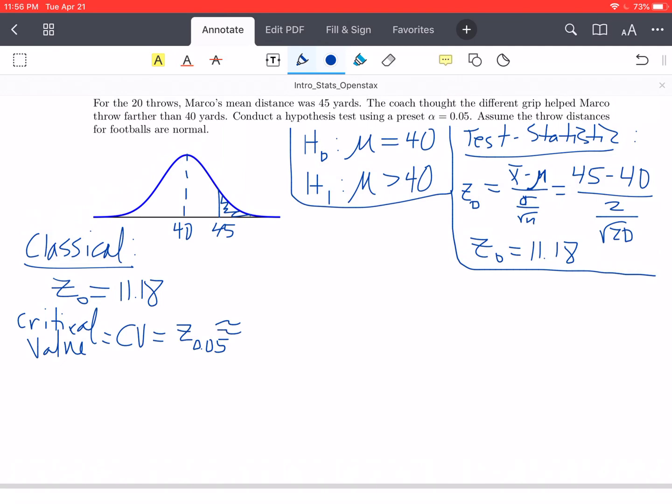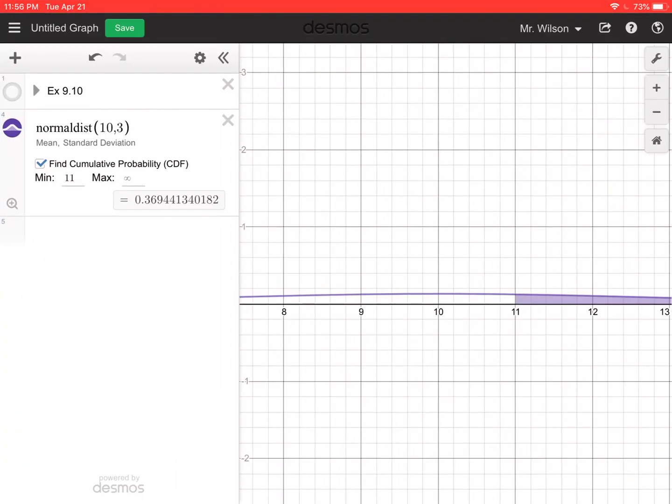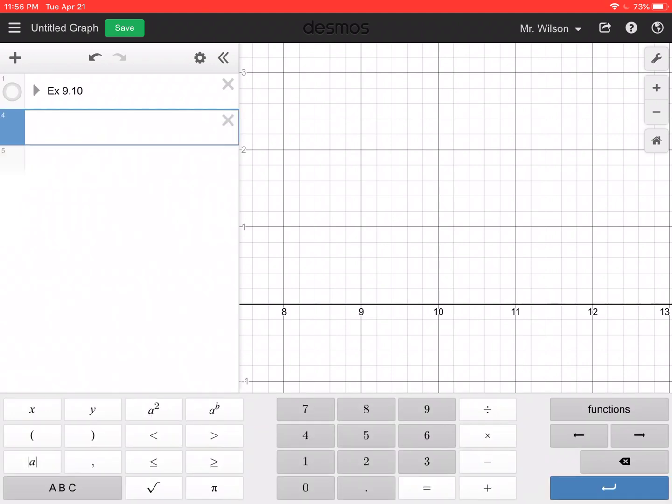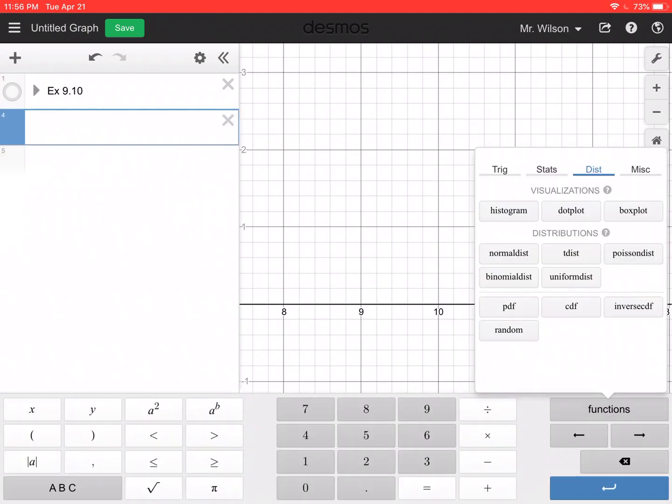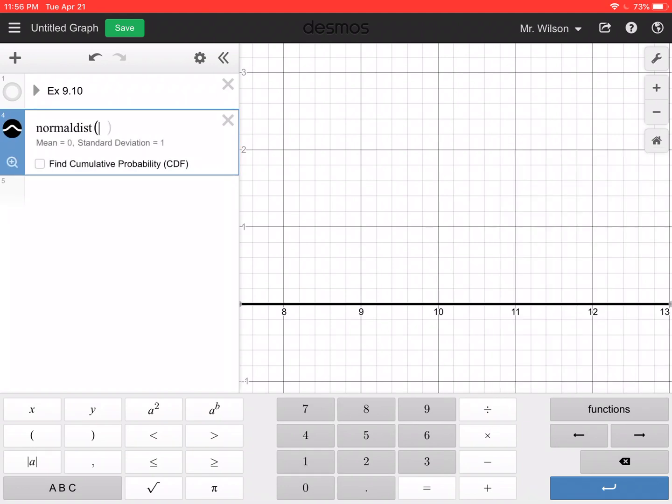We get that value from the normal distribution, so let me go back to Desmos and show you. Standard normal, 0, 1.